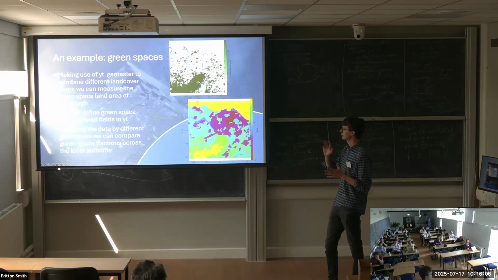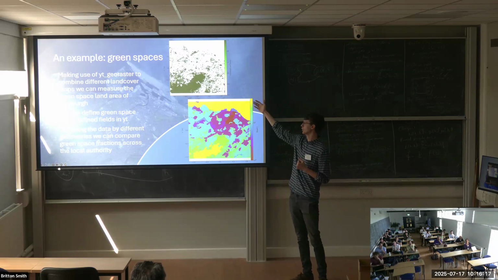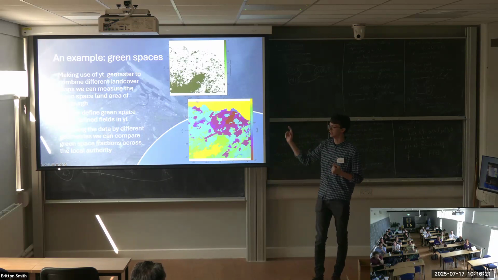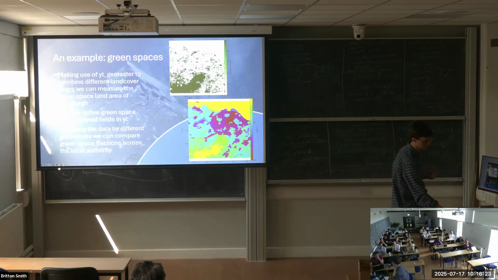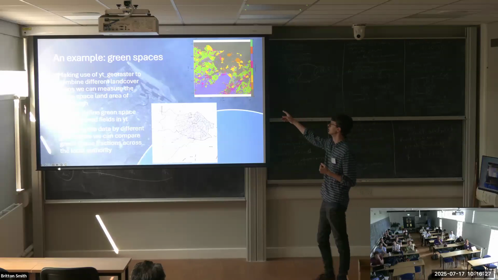You can combine different kinds of products, reading them in with yt.load. For example, I'm looking at the grasslands product, and then I've got the Copernicus land cover product, and I can combine those to create a master land cover map here.